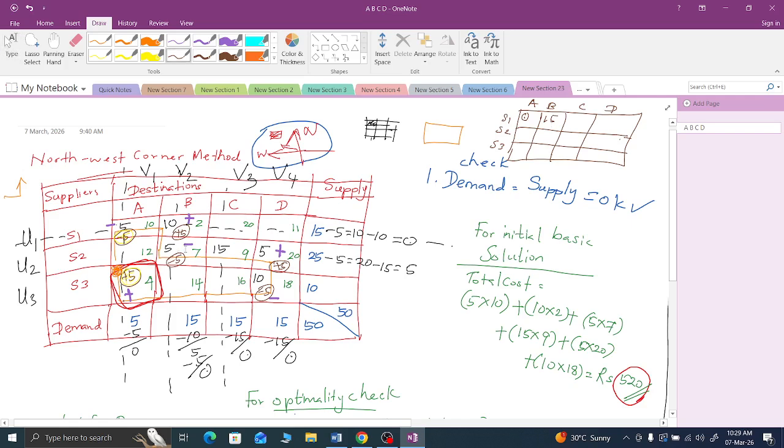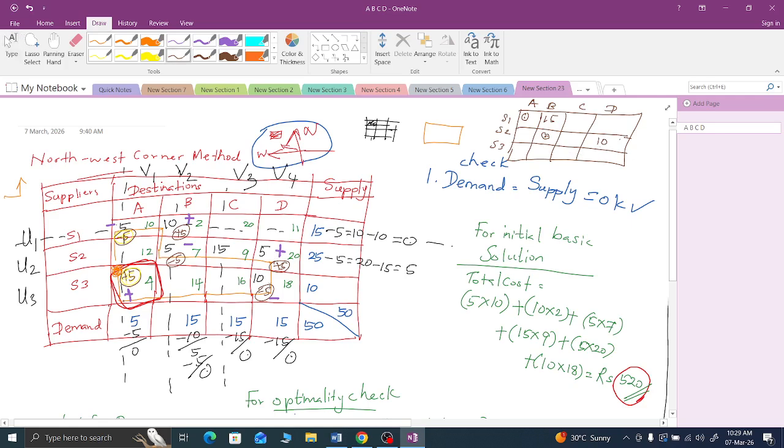So what is S2B? S2B is going to become 0 now. This allocation is going to become 0 now, right? Next, S2D, this allocation is going to become 10. S2D, the allocation is going to become 5 plus 5, 10.